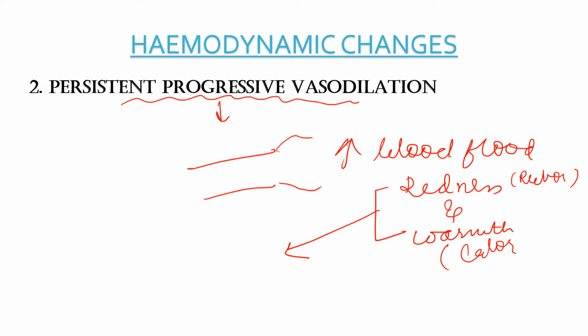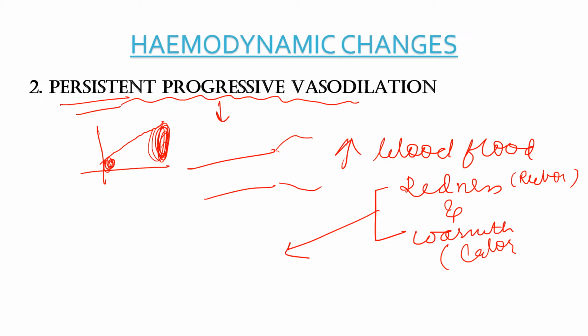In this process there is a vasodilation which is persistent, meaning it stays for a time, and progressive, meaning it increases from a smaller part of the flow to a larger part.